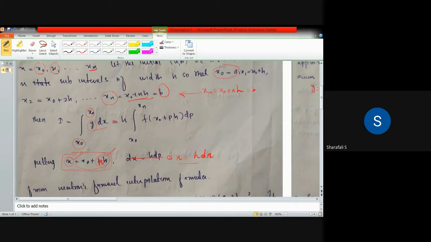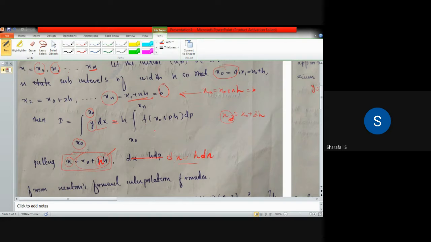For example, if you consider the fourth x value, that is x3, after x0, x1, x2, it will be equal to x0 plus 3h, right? So this can be any x, x equal to x0 plus nh, depending on the n value.